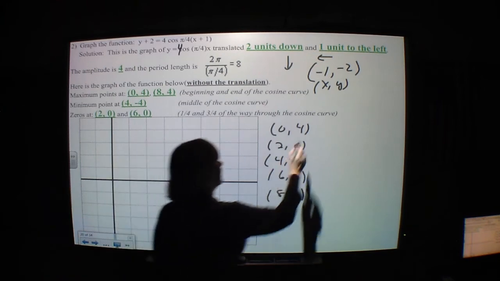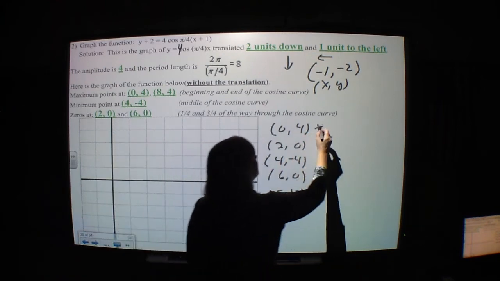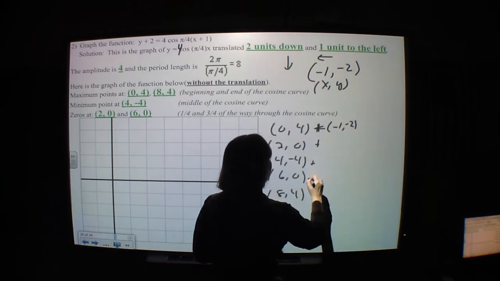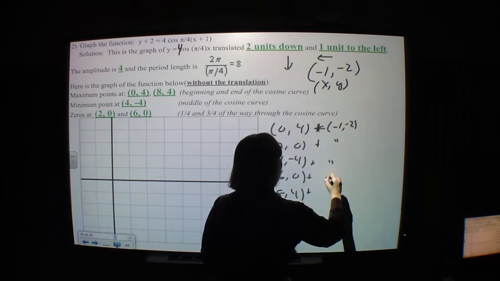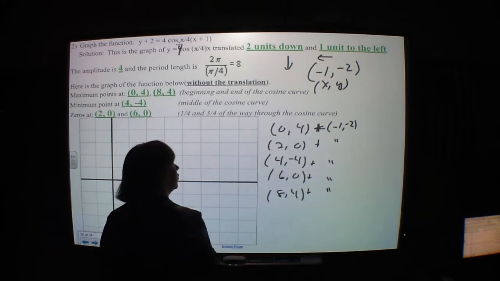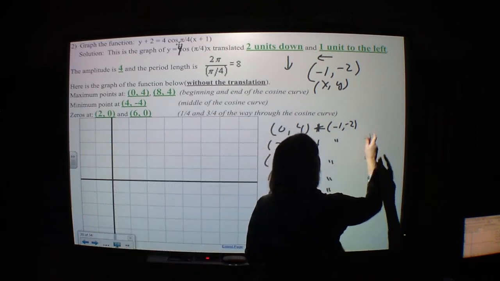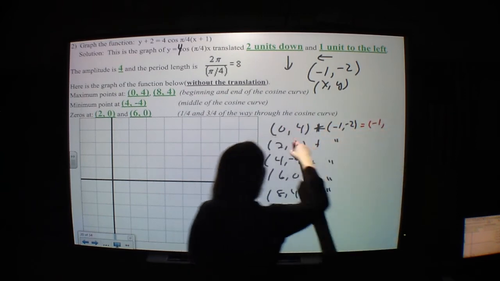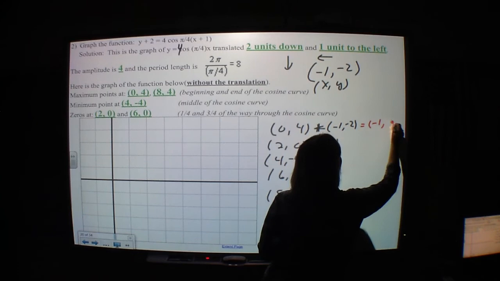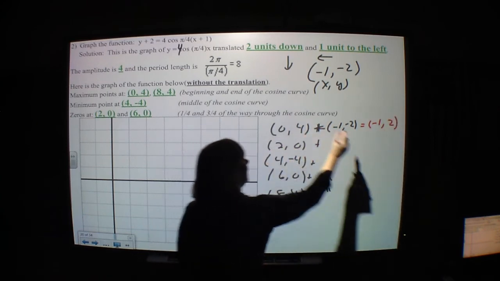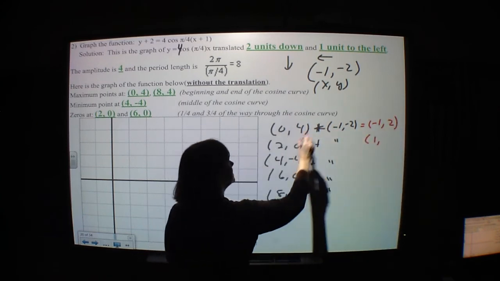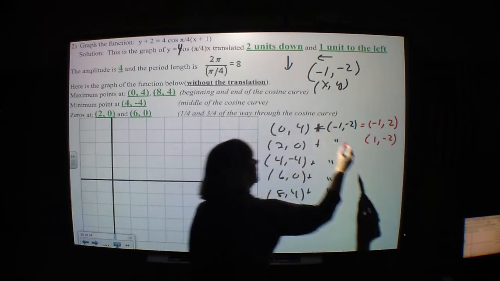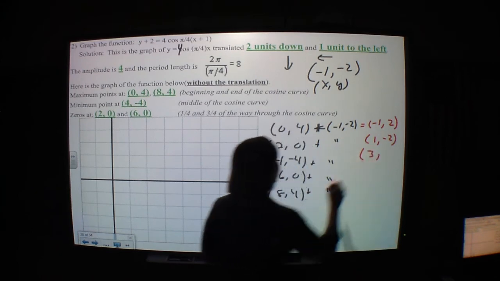I am going to add my movement, which is negative 1, negative 2, to all of these points. And my new point, when I add that, will be 0 plus a negative 1 is negative 1. 4 and negative 2 is positive 2. 2 and negative 1 is 1. 0 and negative 2 is negative 2. 4 and negative 1 is 3.